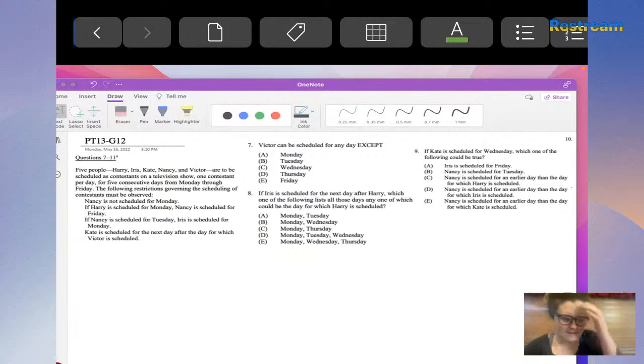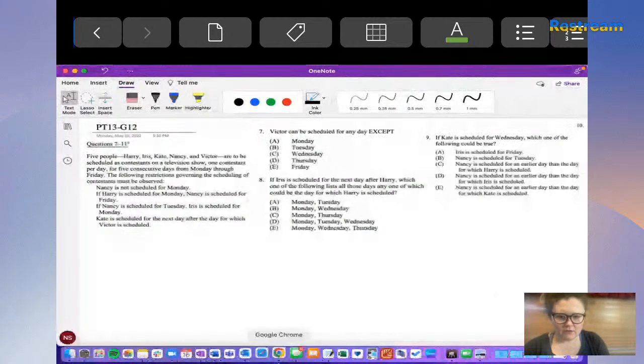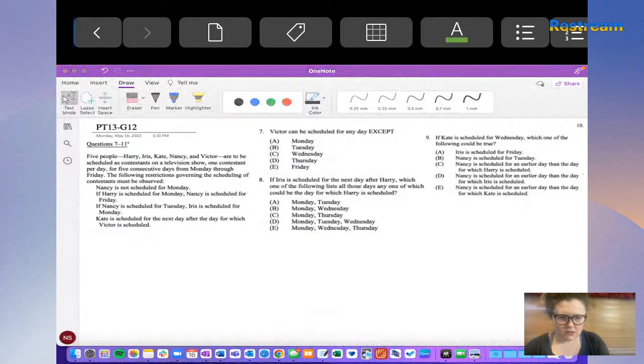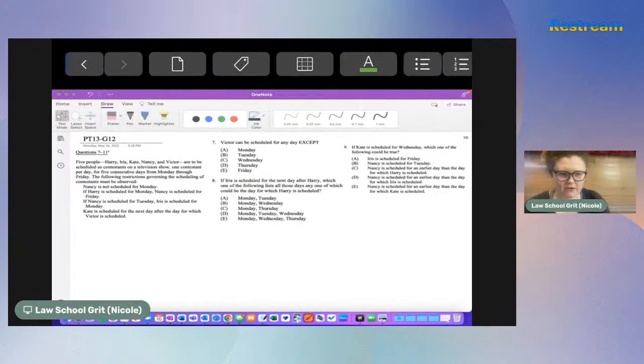All right, is this the best? I think this might be the best screen option, but I don't like how it... 155. Oh, 155 is a great goal score. You can go, how many points? How long have you been studying for? I don't like that either. How big is that on y'all's end? Is that big enough that you can see? That kind of looks a little blurry to me.